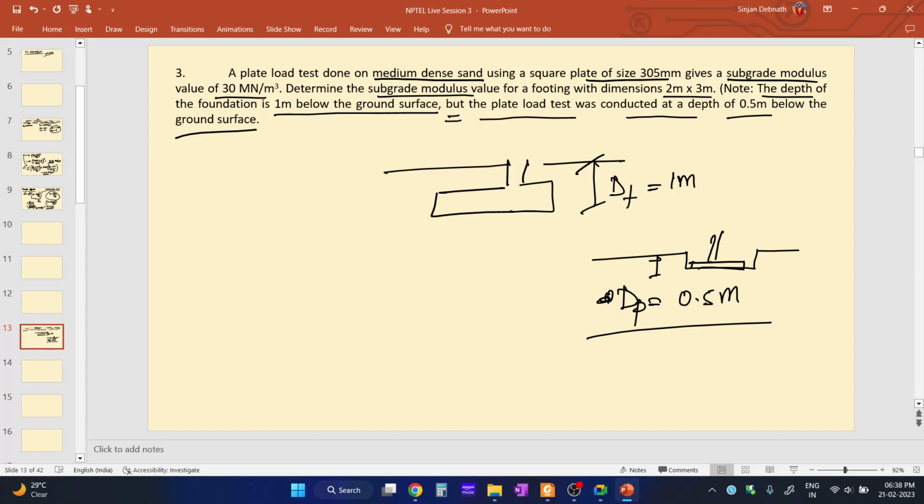After that, we will incorporate the shape effect for the rectangular footing. Here it is a rectangular footing having dimensions 2 meter by 3 meter. After that, we will incorporate the depth effect. But here the plate was 0.5 meter below the ground surface. So let's get started.